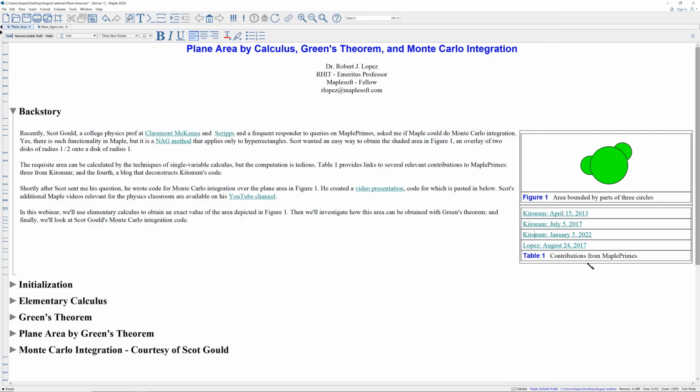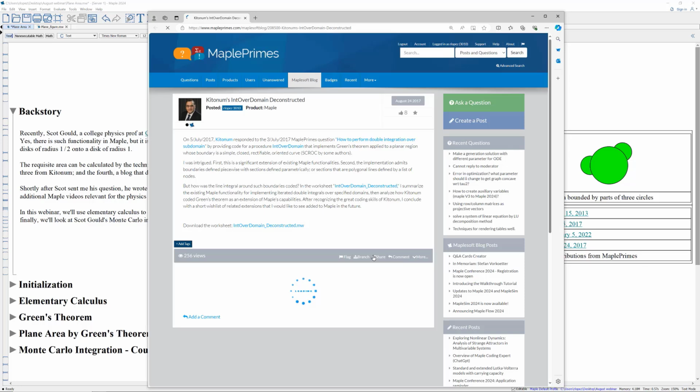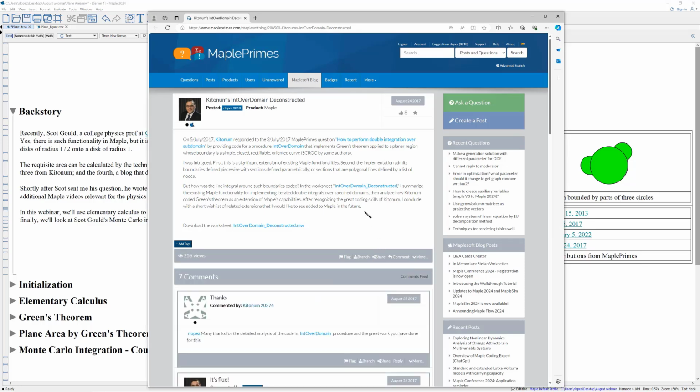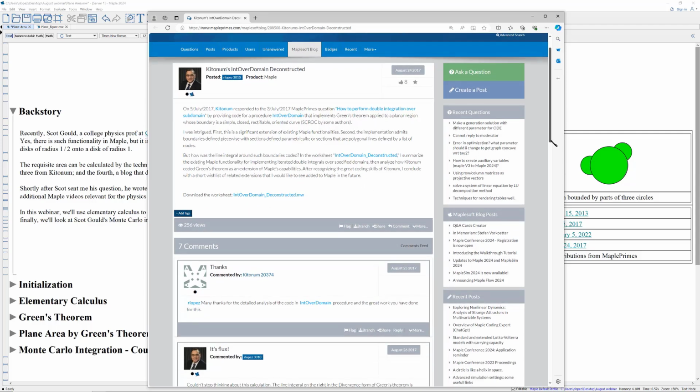Now you'll notice over here, after the second appearance of Kitonum's code, I had a post on MaplePrimes in which I deconstructed that code for computing the area because I was just curious about how he went about doing that. I was so intrigued that I said, I'm going to write this blog.